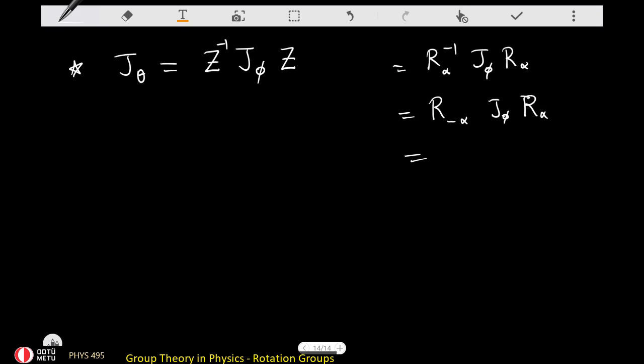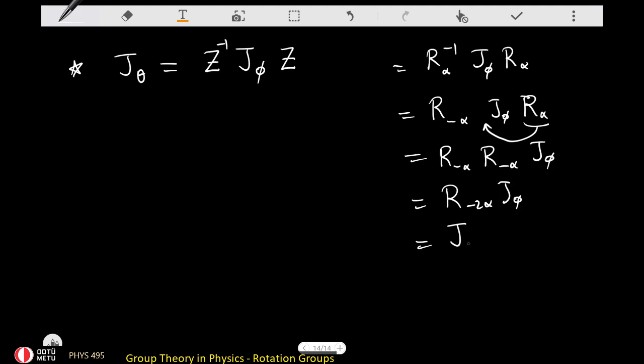And then we have said that I can change the place in here by making the sign before the angle negative. Therefore this is a rotation by minus 2 alpha J phi. So this is basically a reflection with an angle of phi minus 2 alpha.